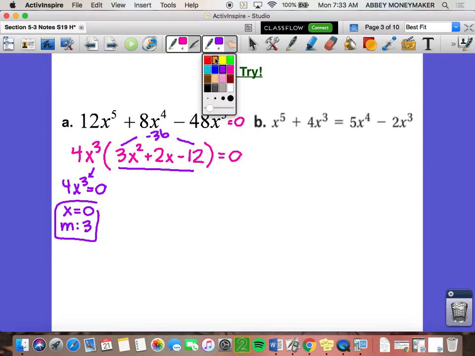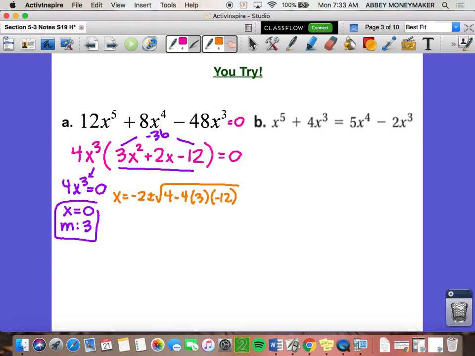Quadratic formula. So x equals negative b plus or minus square root b squared minus 4 times a times c, and that's all over 2 times a. So I have negative 2 plus or minus that discriminant all over 6.